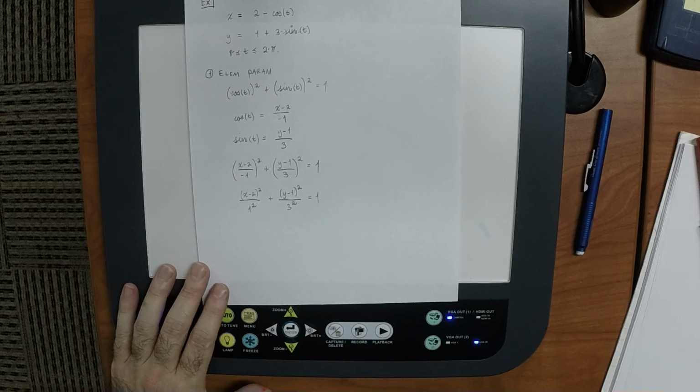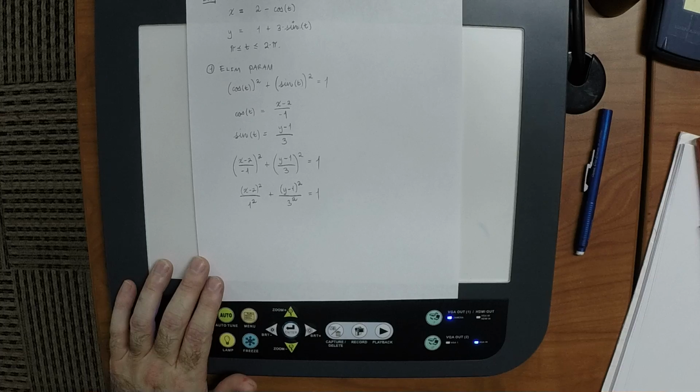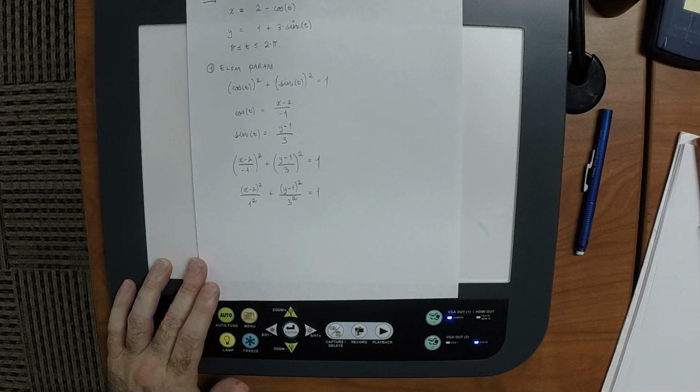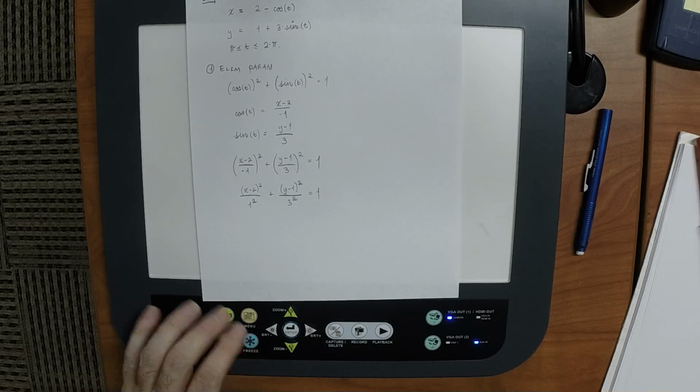So yes, this is the standard equation for an ellipse with what center? 2, 1. What's the x radius? 1. And the y radius? 3.